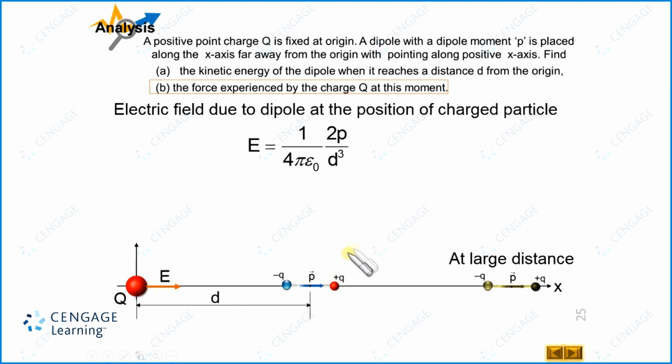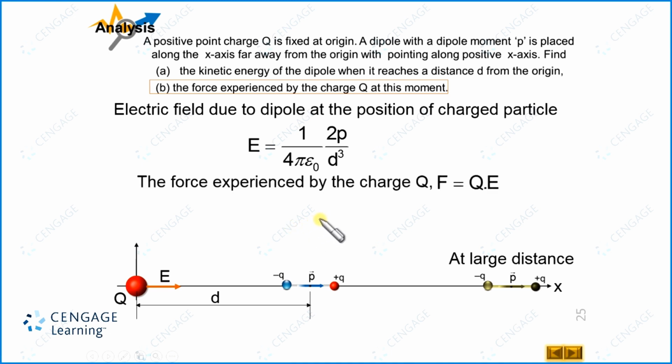Okay, that means this charged particle is under the electric field of this dipole, which has this magnitude, and we know the force experienced by the charged particle can be given as F equal to Q multiplied by E, where Q is the charge and E is the electric field, which we have written. So now we can write the force experienced by this charged particle equal to this one. We can further rearrange.